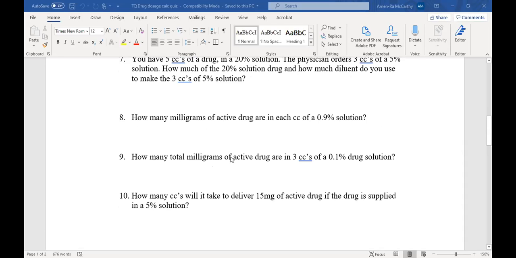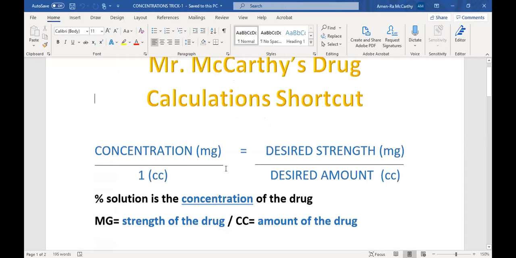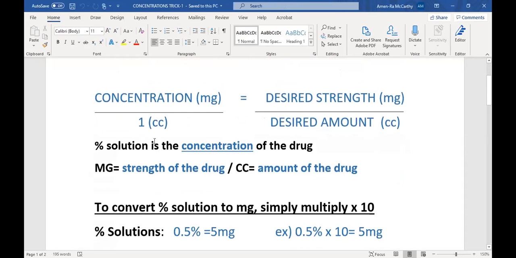All right, so I want you to also understand that when we talk about the milligrams over cc's equals milligrams over cc's, that can also be done in pills, okay? You can also look at that as pills. So if you look at this right here where it says concentration over 1 cc, this could also be over 1 pill, okay?